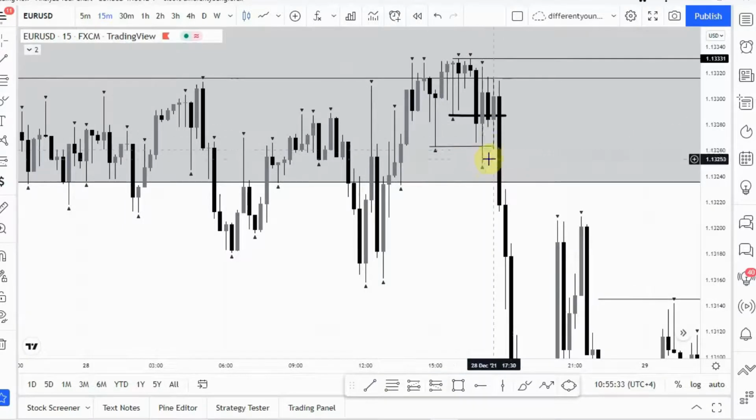There was this fractal, and this low was actually rated, and this candle was not here. It was actually after this candle, which was the high. So I cannot use that as a 50-minute low. So there was this difference in FXCM and ICM on my broker.